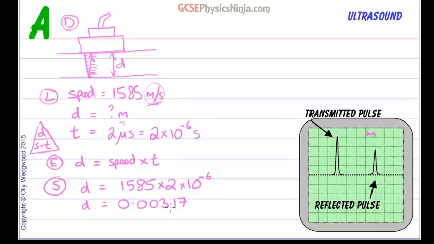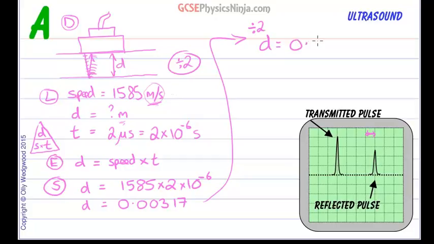And remember now that we have to divide by 2 because it's a round trip. So our distance, if we carry on up here, muscle layer thickness is that divided by 2, and we get 0.00159.